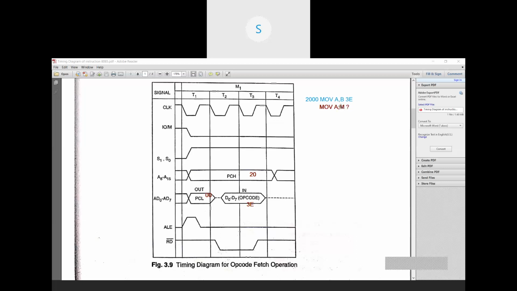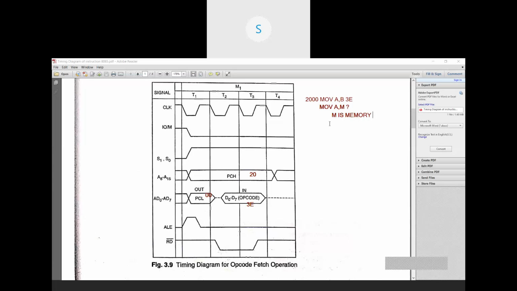That memory is denoted by your HL register pair. M is memory.